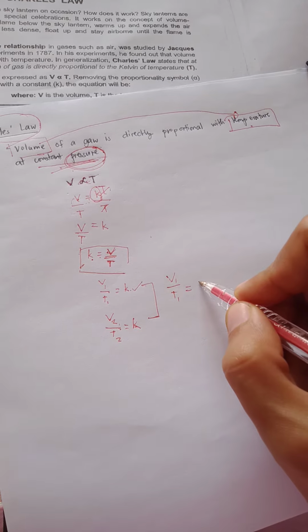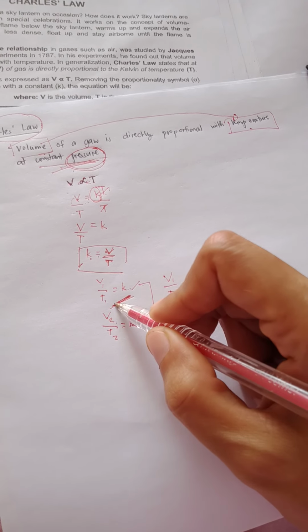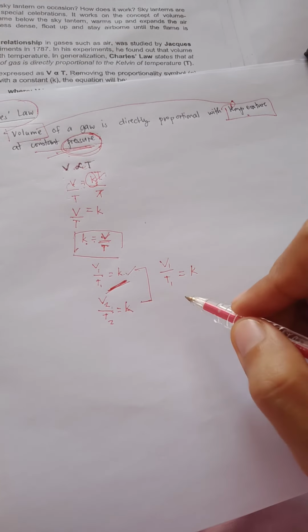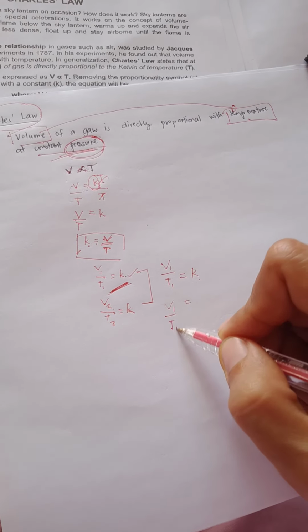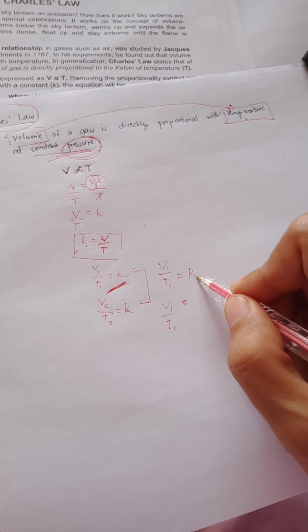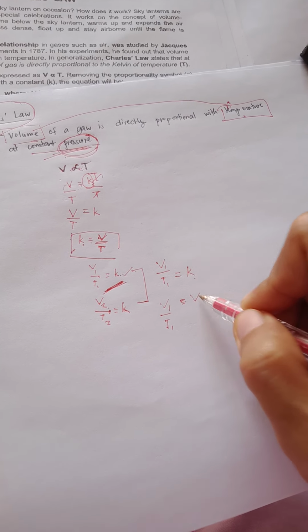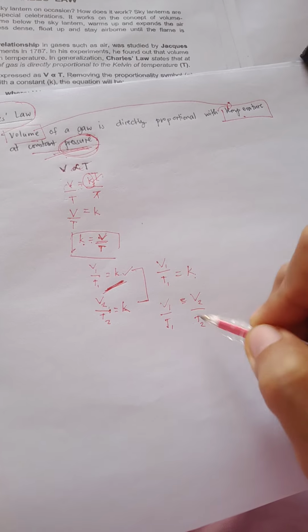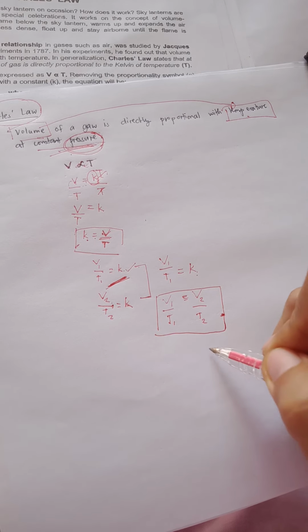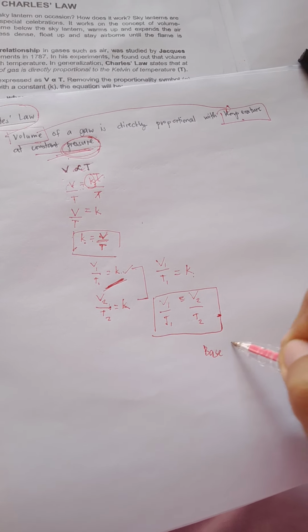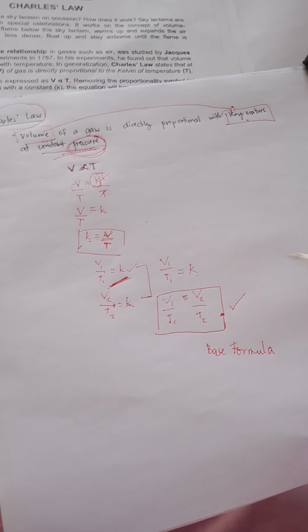Si K dito, kinuha natin yan dito sa first na part. So, si K mo naman, pwede mo siya ngayon, copy lang this one, V1 over T1. Equate natin siya since K is also equivalent to V2 over T2. So, pwede mo siya i-substitute. So, that will be V2 over T2. This is now your derived formula for your Charles' law. Ito na yung magiging base formula ng Charles' law natin. Okay, so that's as easy as that.